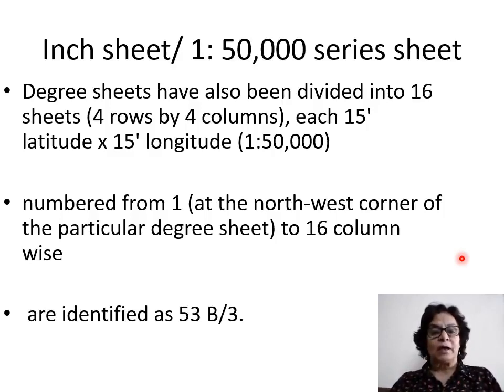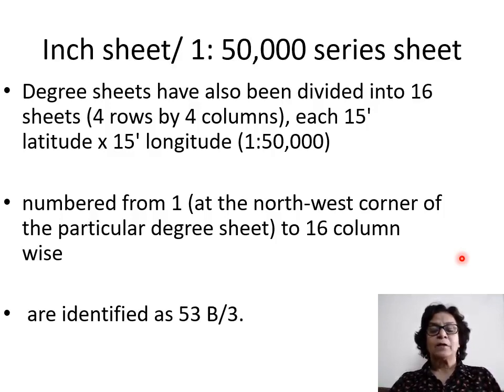Now let us look at how they are divided. In the same manner, there are 16 sheets, 4 rows by 4 columns. So if we divide 1 degree into 4 parts, 1 degree has 60 minutes, and 60 divided by 4 is equal to 15. So each map will have a latitudinal extent of 15 minutes and a longitudinal extent of 15 minutes.